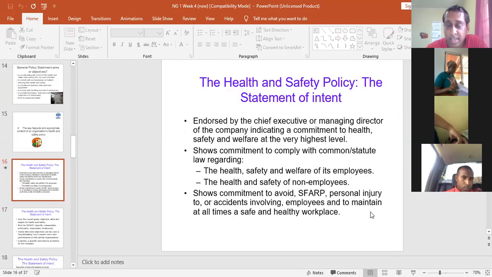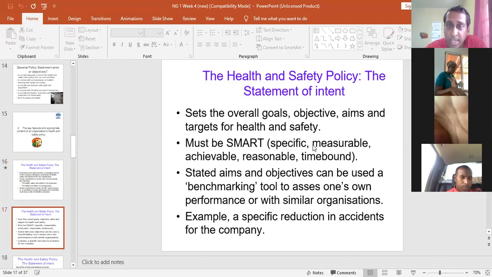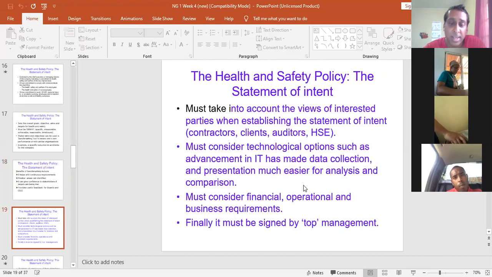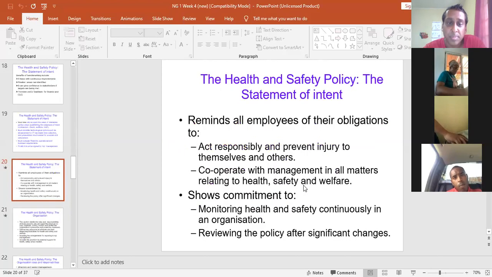The statement of intent sets the goal of the company, the aim, the objective, the target. Some people call it vision, some people call it mission, but it's really the aims of the company, right? Anyway, we went on to give some aims like reduce accidents to zero, etc. They have some here as well, right?